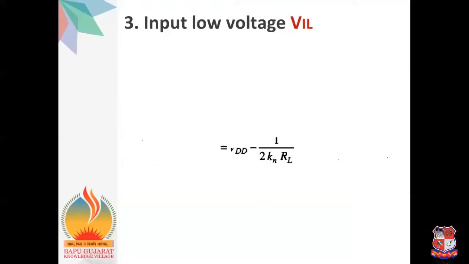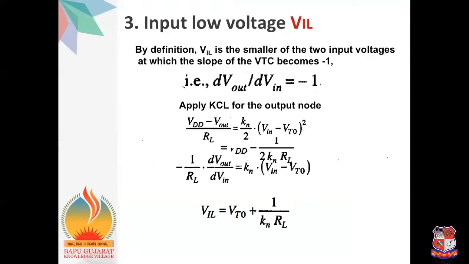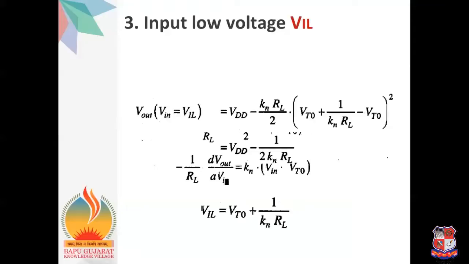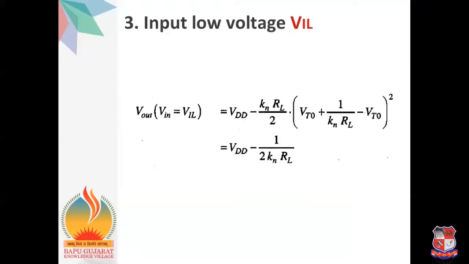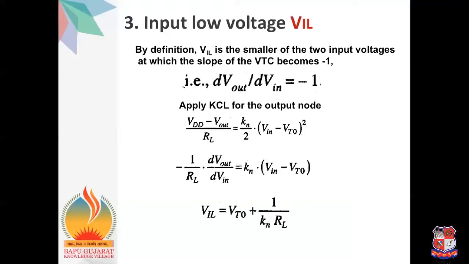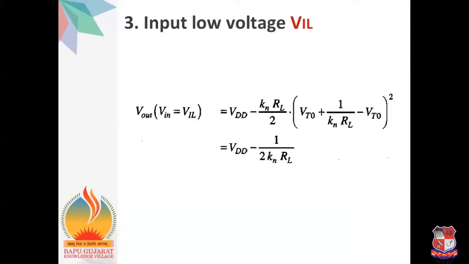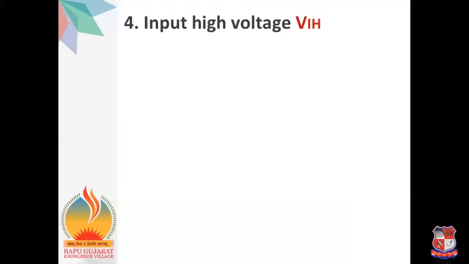So now we apply this VIL into the above equations and we get the final value of Vout when Vin equals VIL, that is VDD - (KnRL/2)(VTO + 1/(KnRL) - VTO)². So we get Vout equal to VDD - 1/(2KnRL).